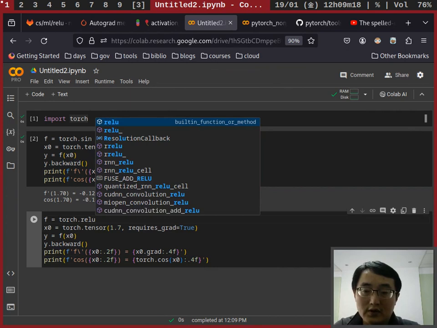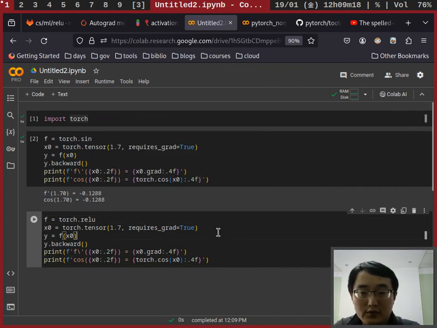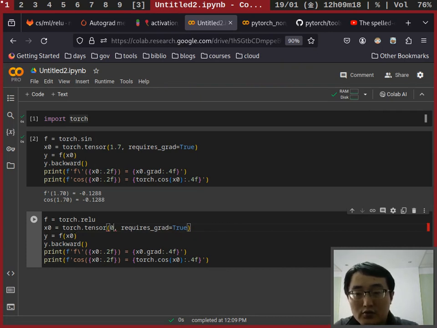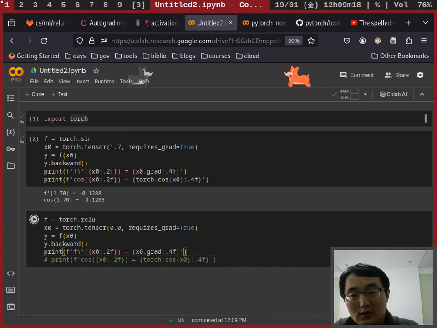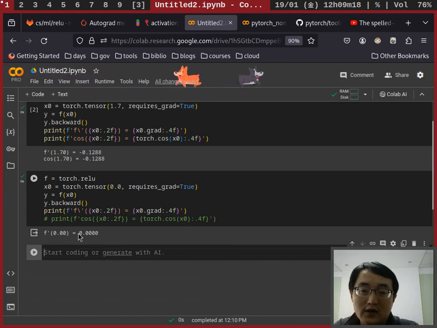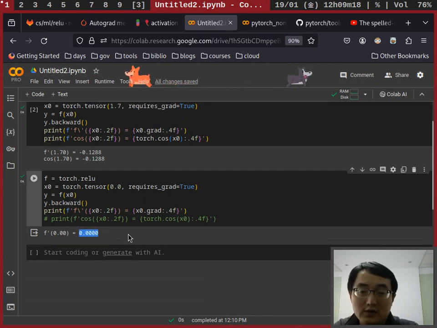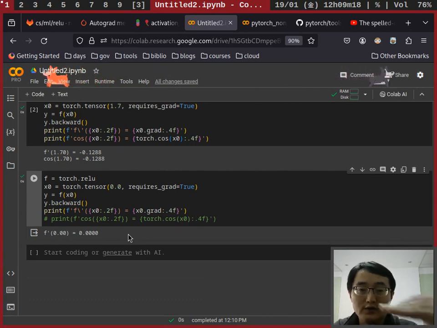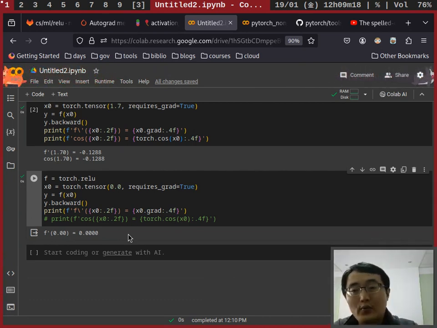what PyTorch calculates, what ReLU prime of 0 is according to PyTorch. So we make the function ReLU, we make the point 0.0. So we'll see that it gives the answer of 0. So ReLU takes the subgradient of 0 as ReLU prime of 0.